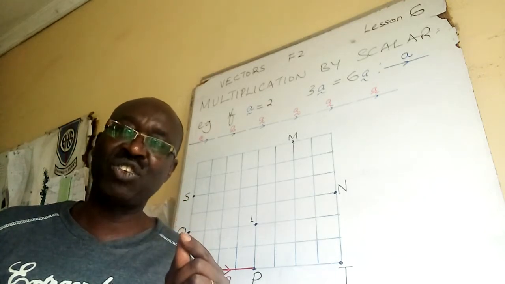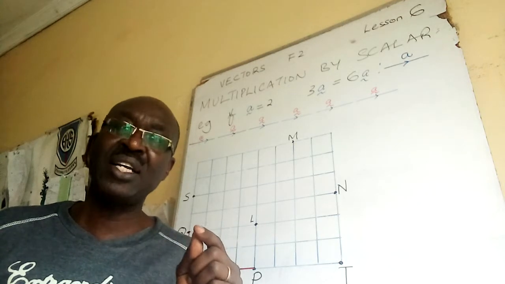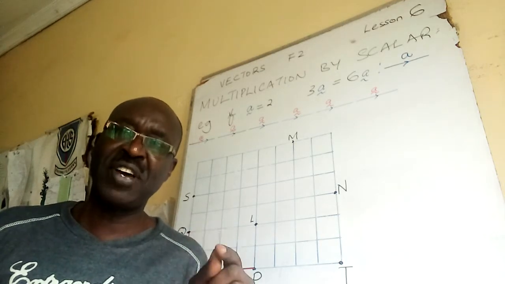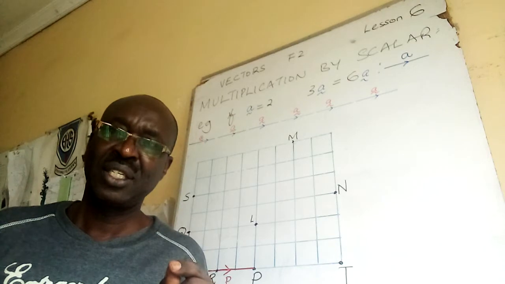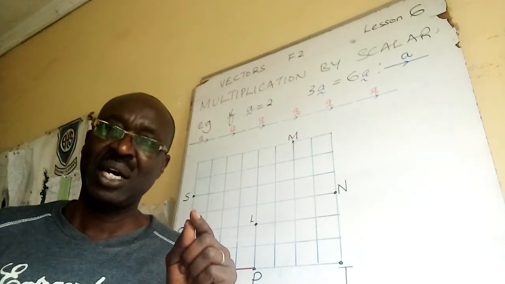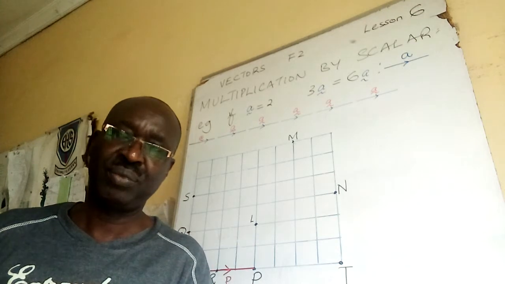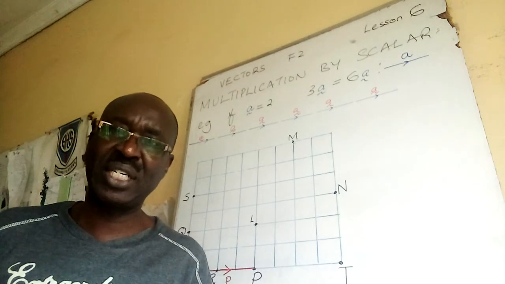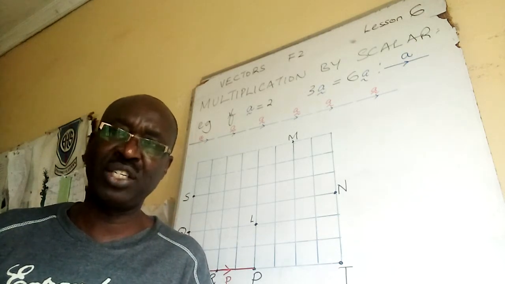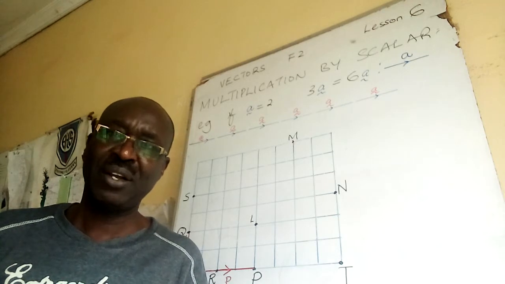In my introduction, I said vector quantities have magnitude and direction, but scalar quantities have only magnitude. Okay?